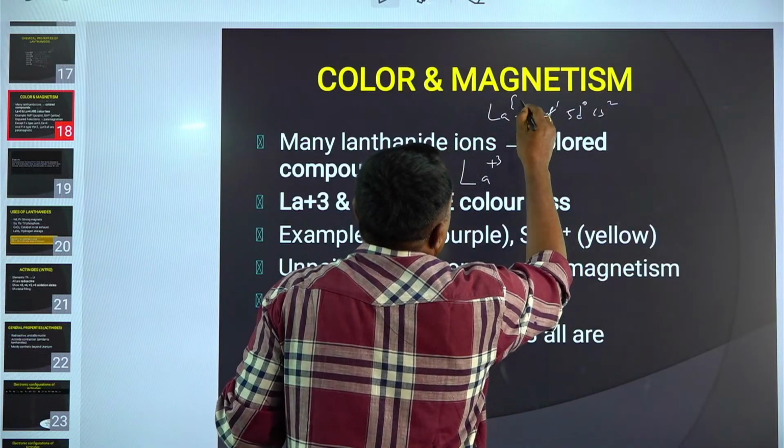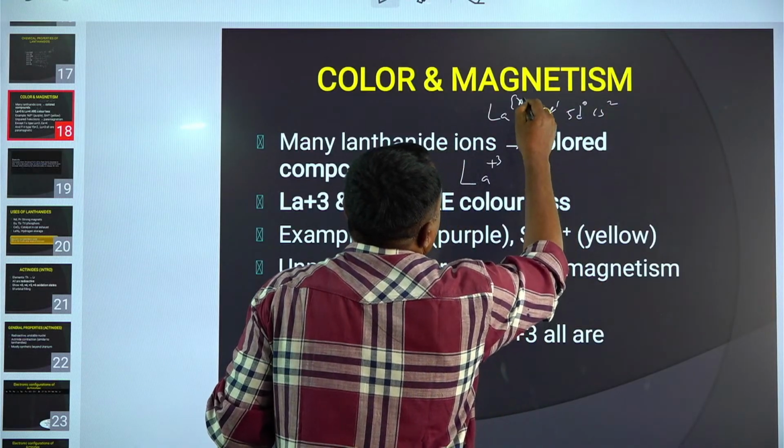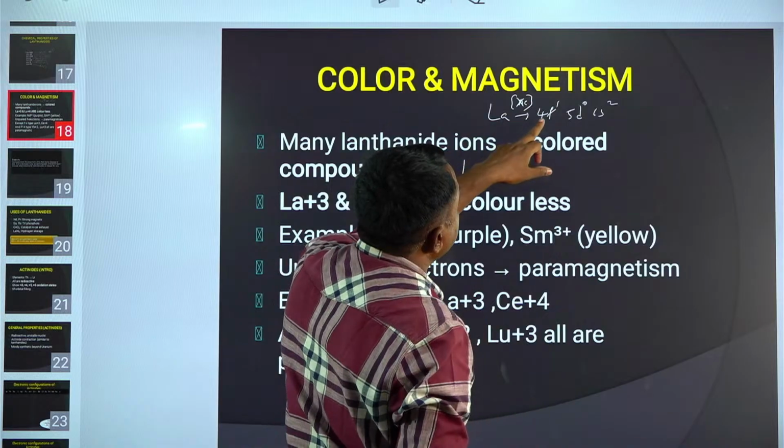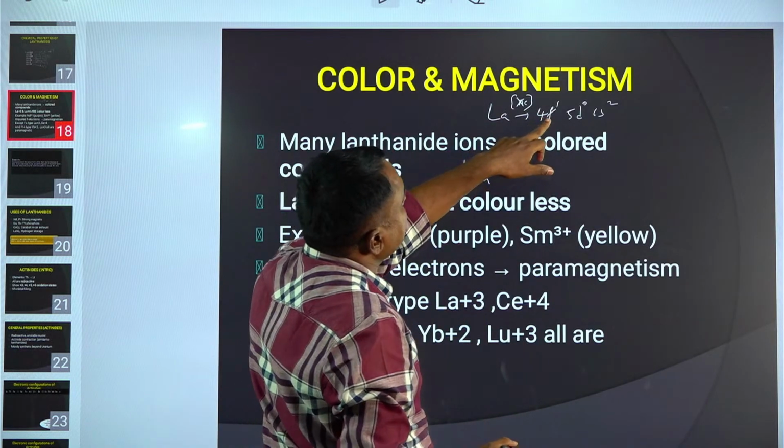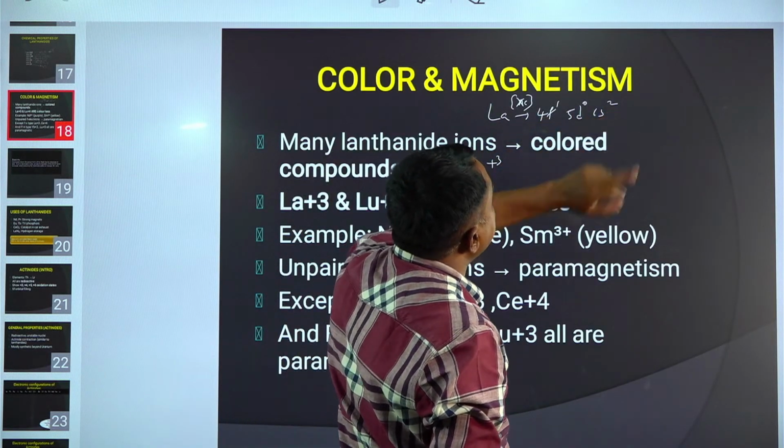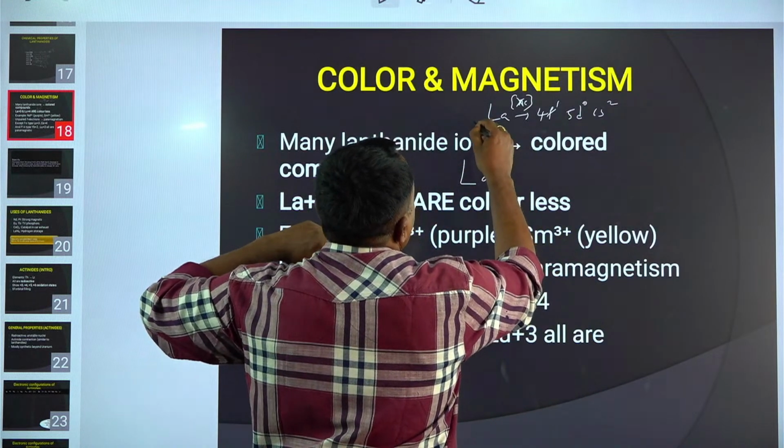And before this we have xenon. Xenon is 54, 54 plus 1 is 55, 55 plus 2 is 57. So lanthanum is 57.